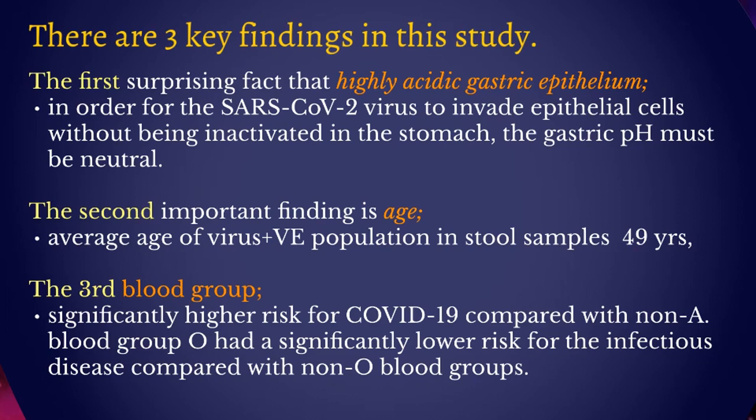Based on the above data, it is presumed that in the stomach of elderly people with advanced chronic gastritis, SARS is not inactivated by stomach acid, but instead enters the epithelium of the stomach and further invades the epithelial cells of the small and large intestine. If this hypothesis is correct, patients with a history of Helicobacter infection may be suspected for oral infection.